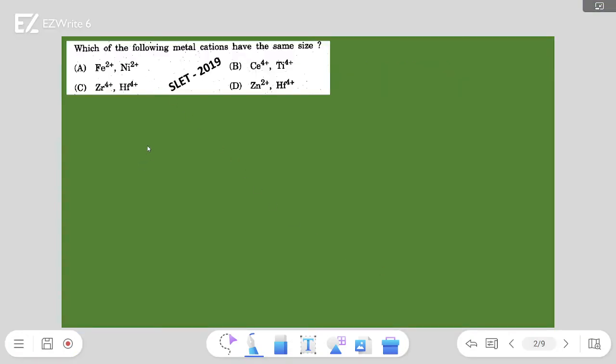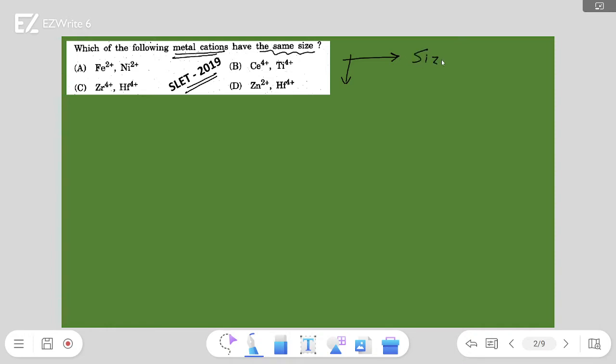Taking into consideration this first question that appeared in the 2019 SLAT exam, it says: which of the following metal cations have the same size? If you look carefully, generally we have a trend that going down the periodic table or going from left to right in the periodic table, there is always a change in the atomic or ionic size.